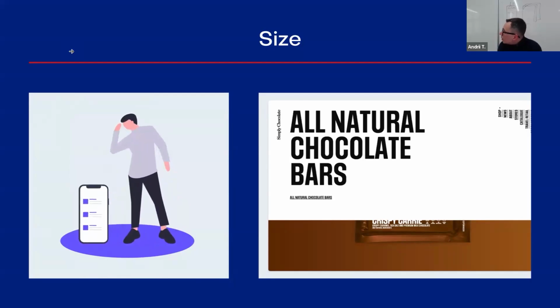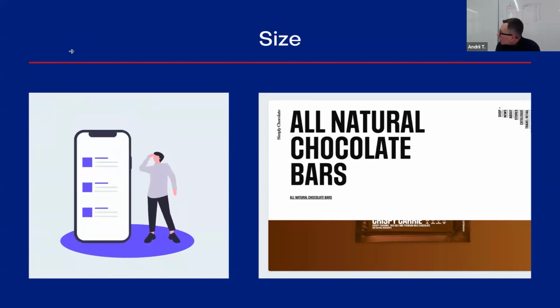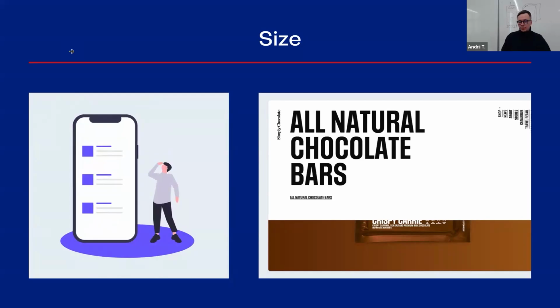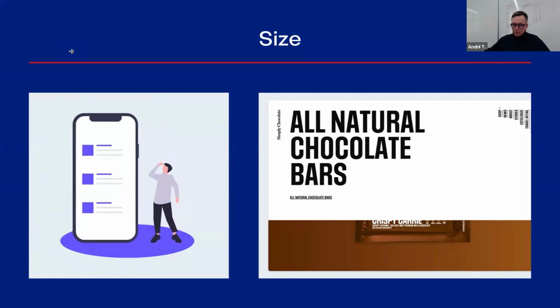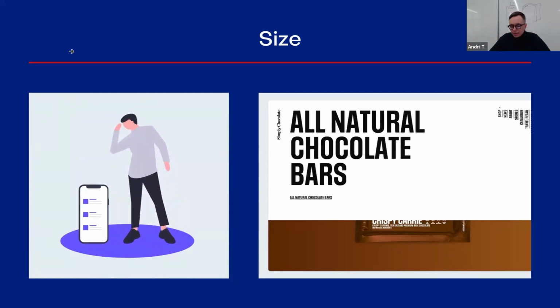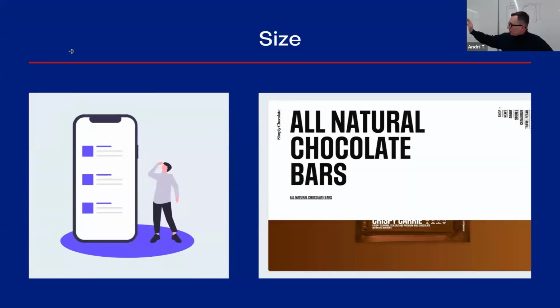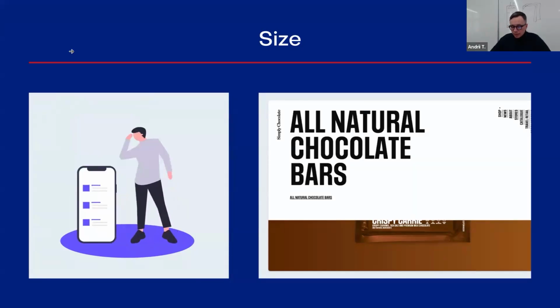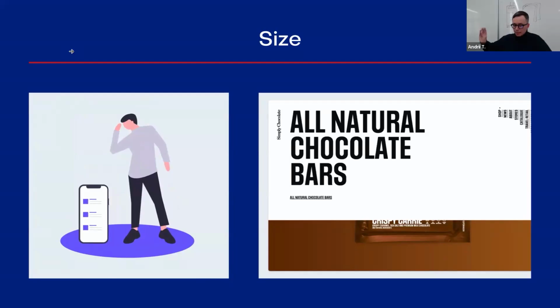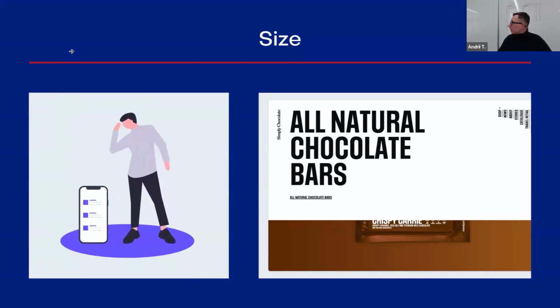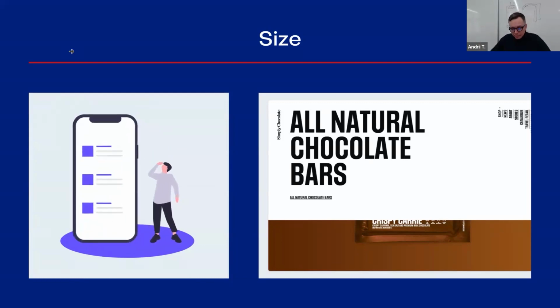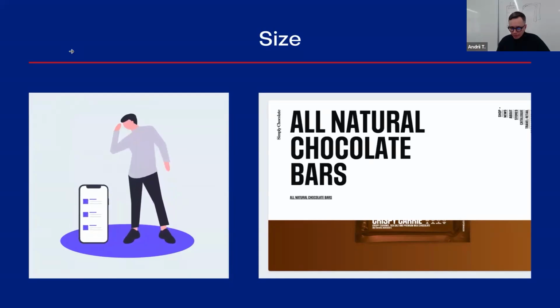And in the example on the right, we can see how they use font size. You just see this clear, big message, all natural chocolate bars. And around this key message, you can see small text that supports this key message, but they use size in this design, I guess, in the most clear way.